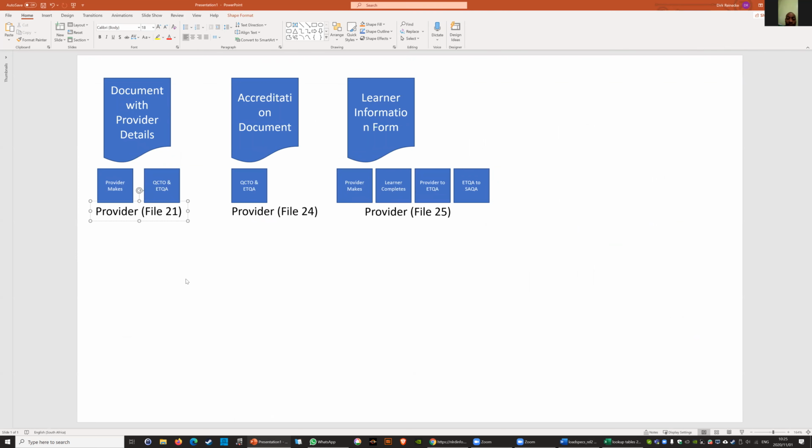Then below each picture, you would say that this document is created by the provider and submitted to the ETQA as part of the accreditation process.